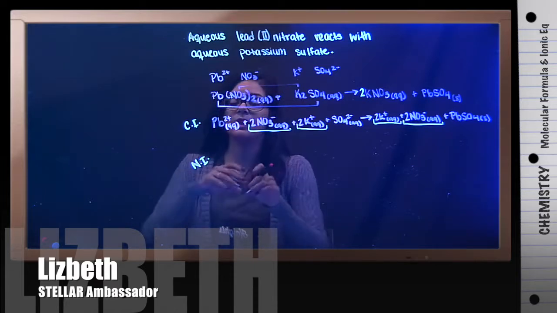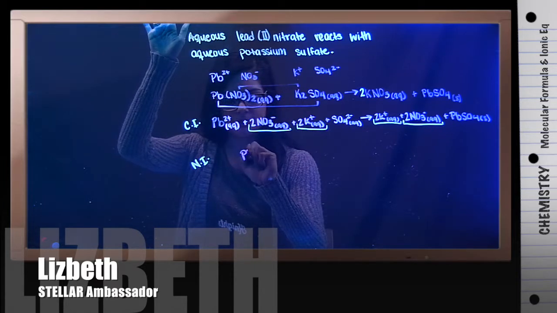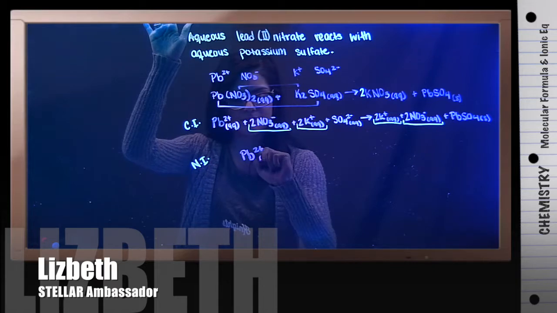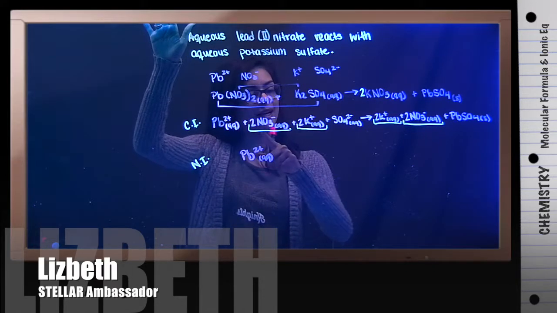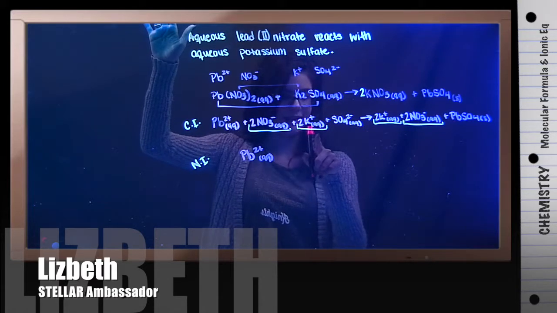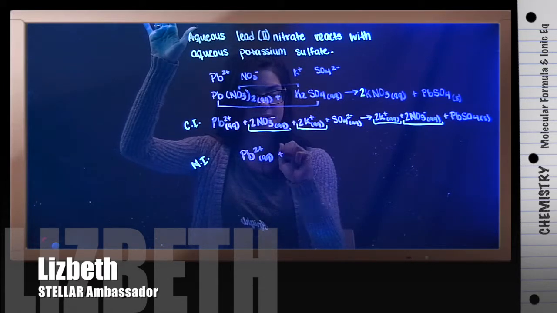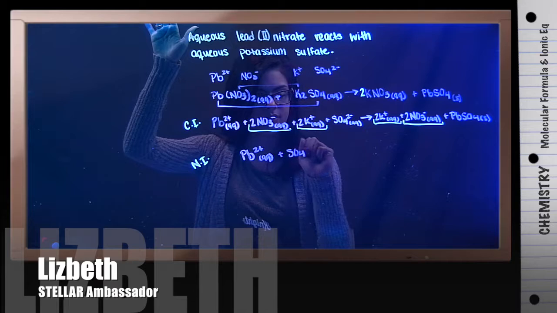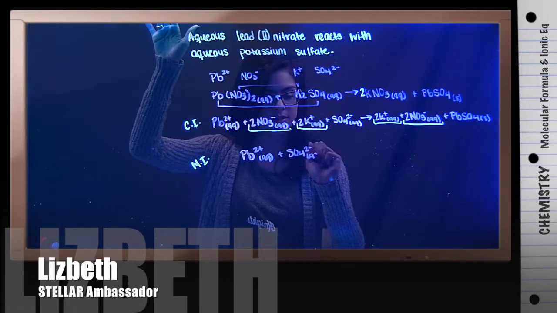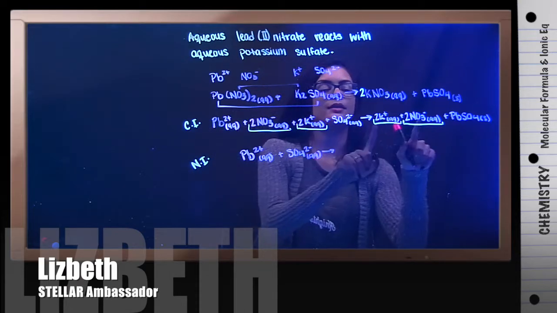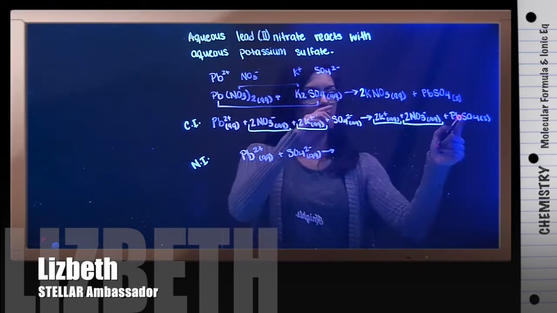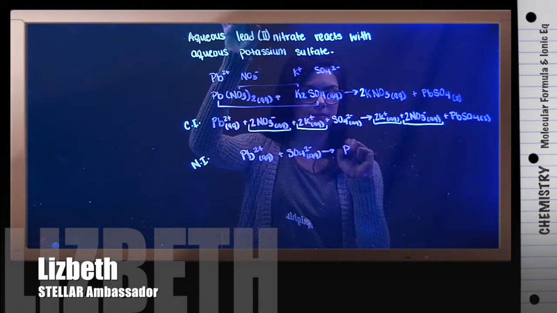So as you can see, we have Pb plus 2, or 2 plus, aqueous. This guy is a spectator ion, so he doesn't count. This guy doesn't count either, but this guy does, so plus SO4, 2 minus, aqueous, yields, and then again, these are spectator ions, they do not come down, so it's just going to be our solid.